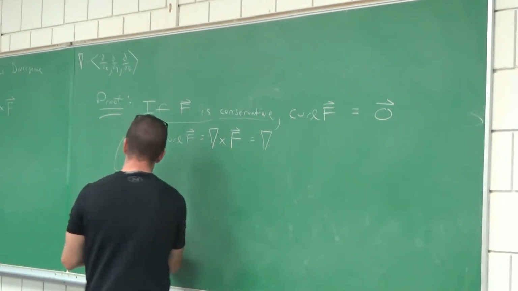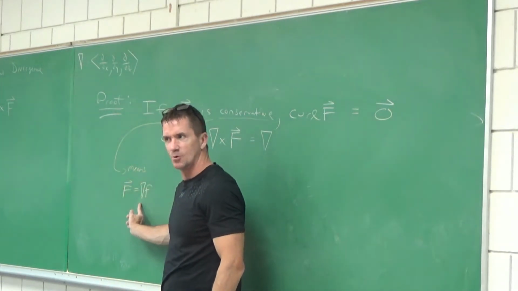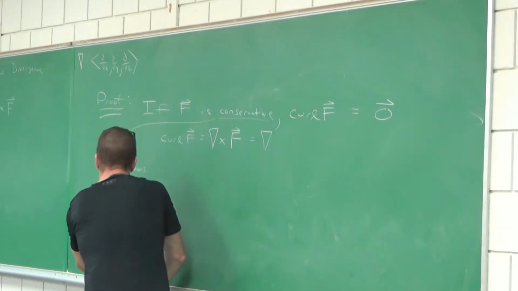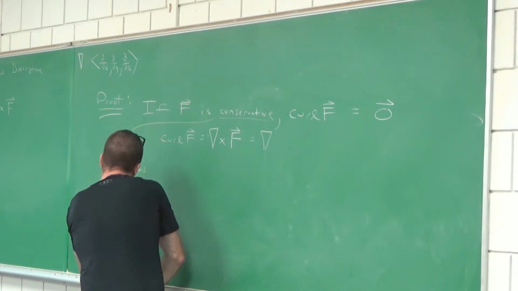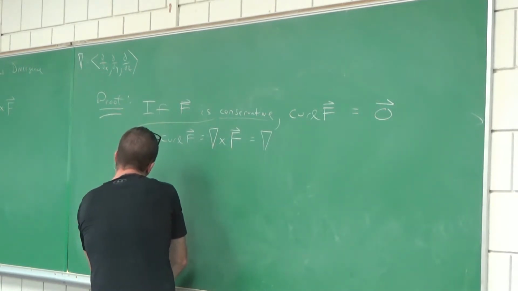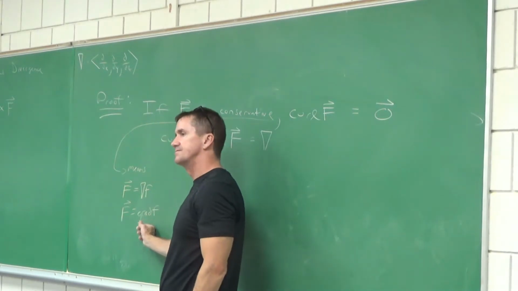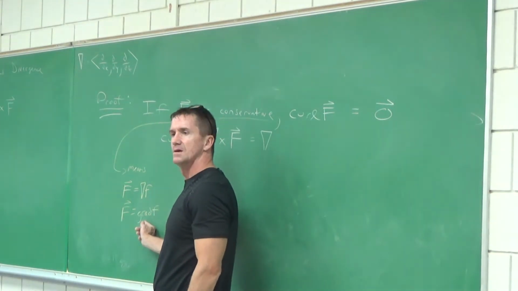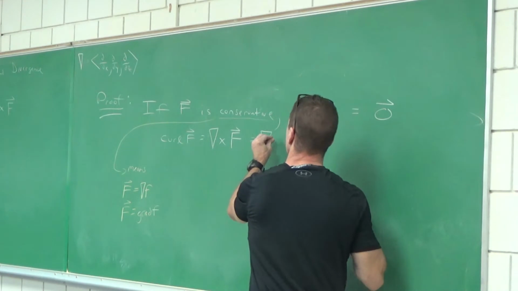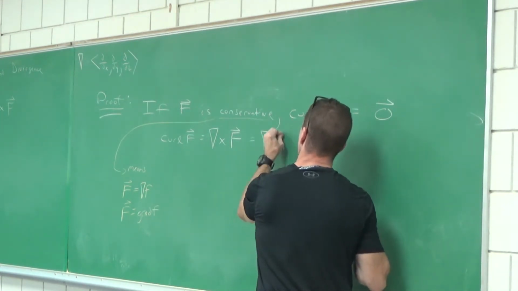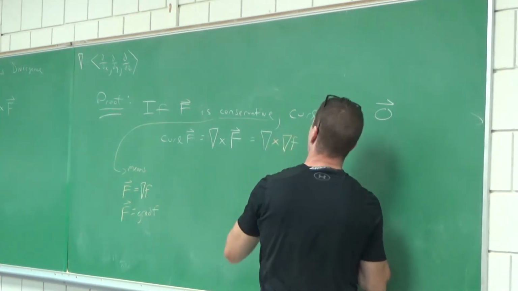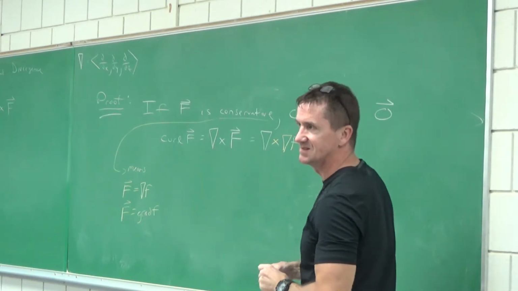Yeah, the del of f, or gradient of f, if you like to write grad, the gradient of some function. The gradient vector of that function. So, do me a favor. Substitute this right here. Aha, that's the crux move to the proof.